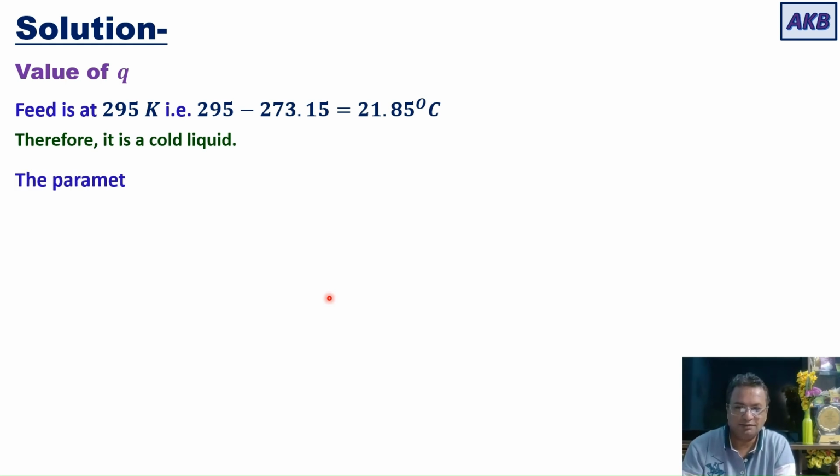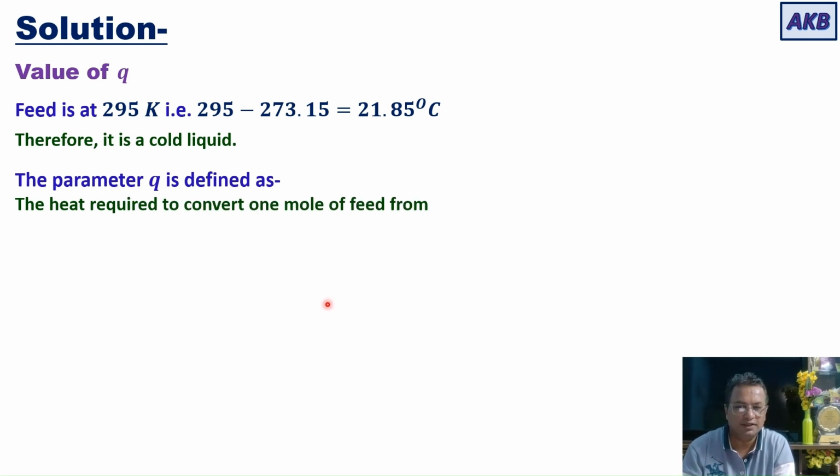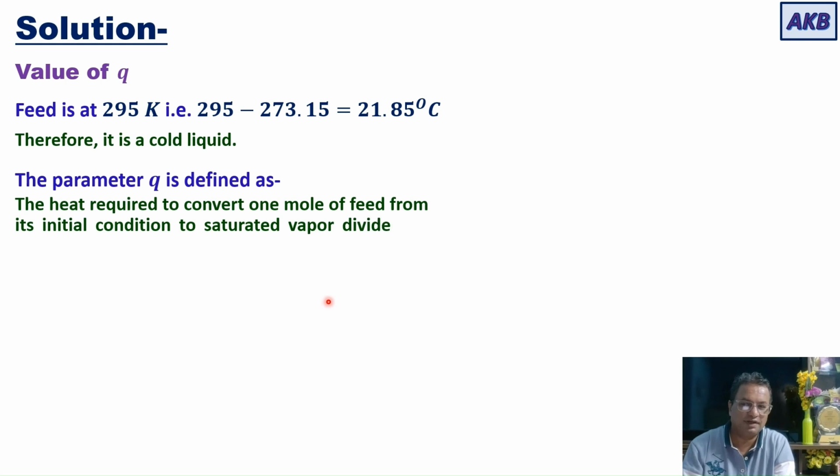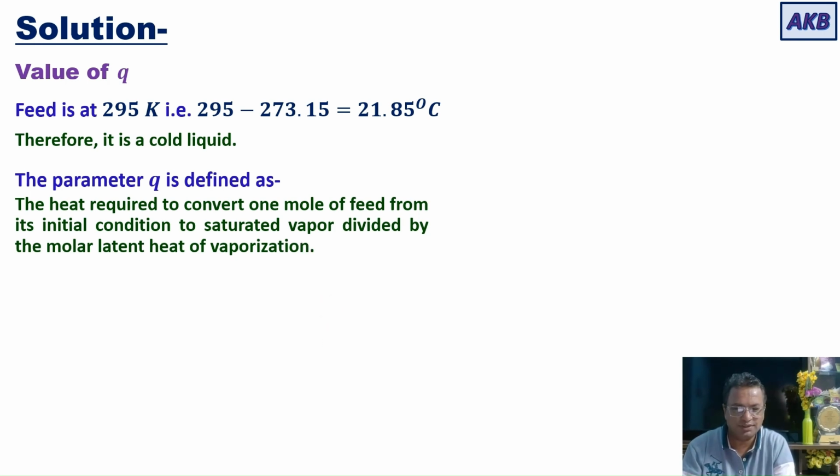For that, we will be using the definition for the parameter Q. How is it defined? It is defined as the heat required to convert 1 mole of feed from its initial condition to saturated vapor divided by the molar latent heat of vaporization of the feed. Okay, so it is a ratio of two quantities if you read carefully.